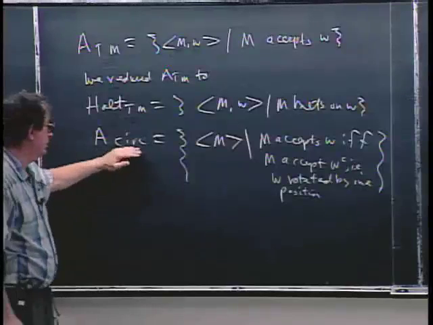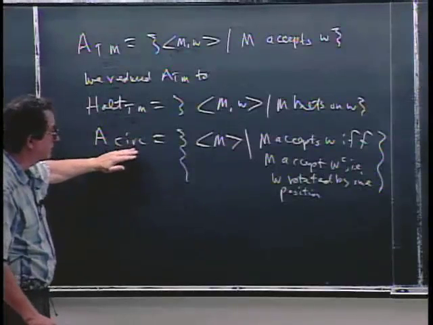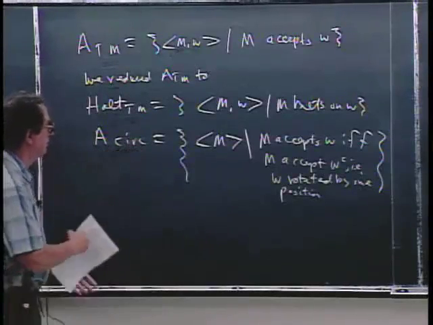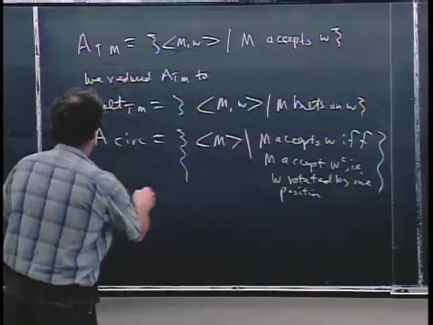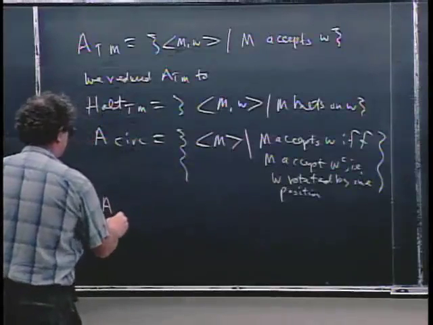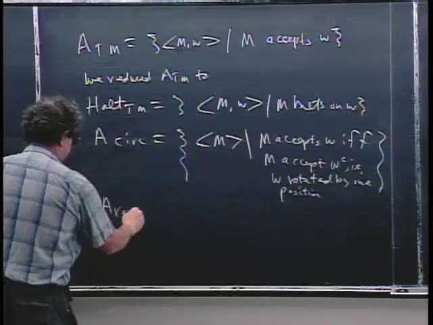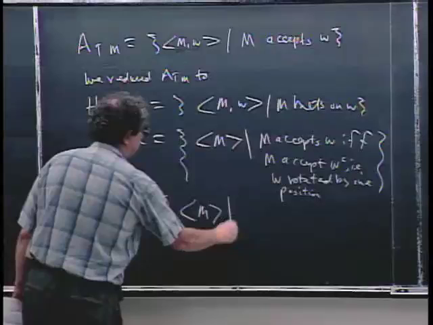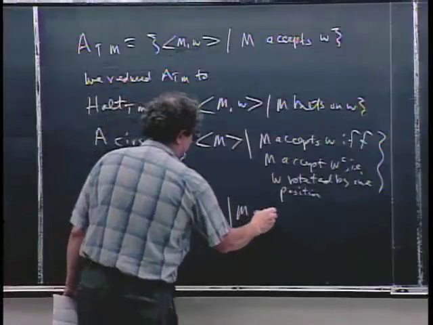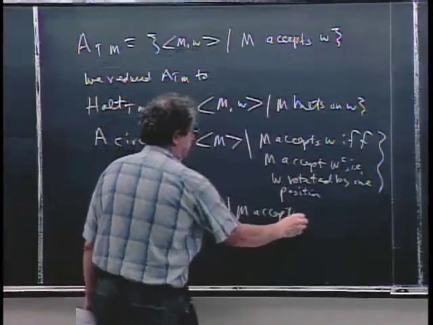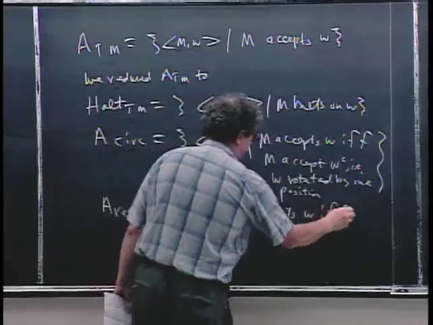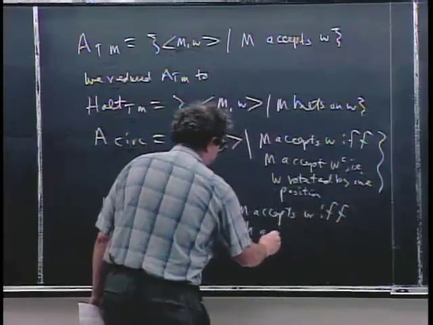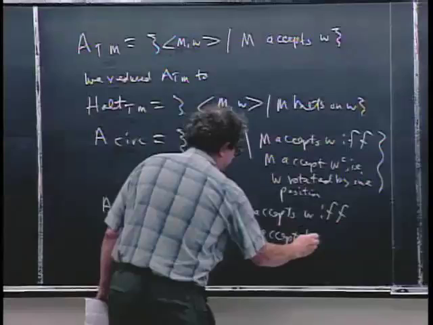But if you understand this, then the homework problem, which is, I'm not sure that's what it's called, the set of M such that M accepts W if and only if M accepts its reverse.